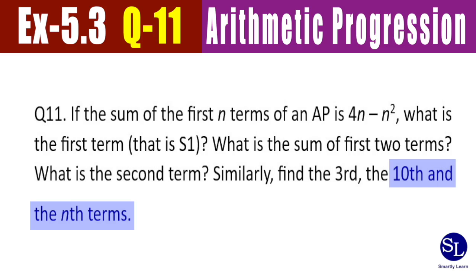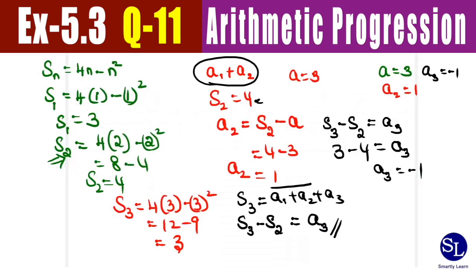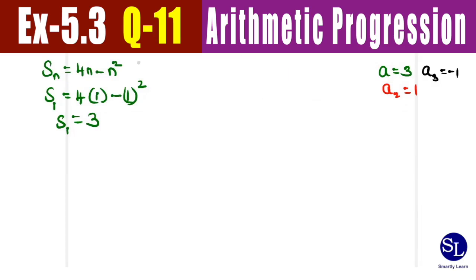Now, similarly, we are supposed to find the value of 10th and the nth term. So we can't keep generating every time and subtracting, right? So we will move on to the an formula and we can generate the value of 10th term from that. So let's write, generally A10 can be written as A plus 9D. So the data that we need is D's value.